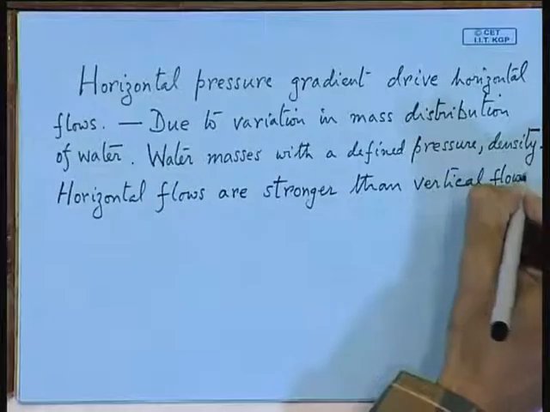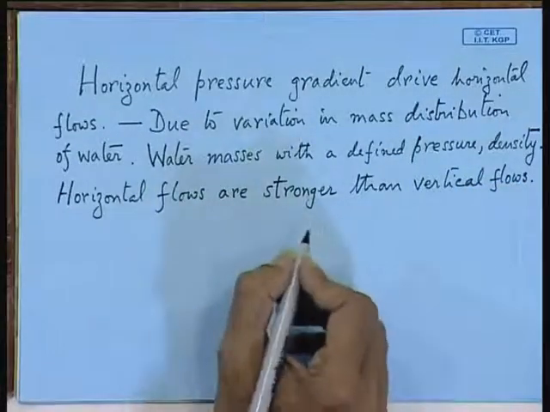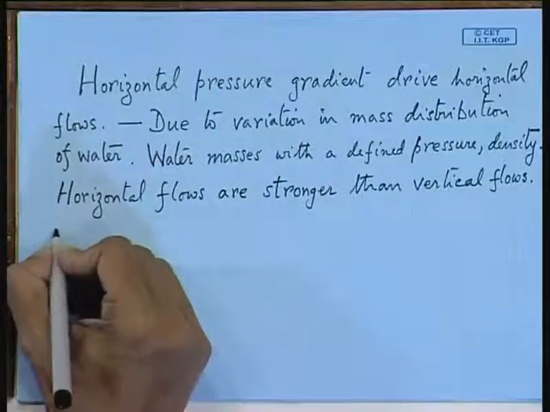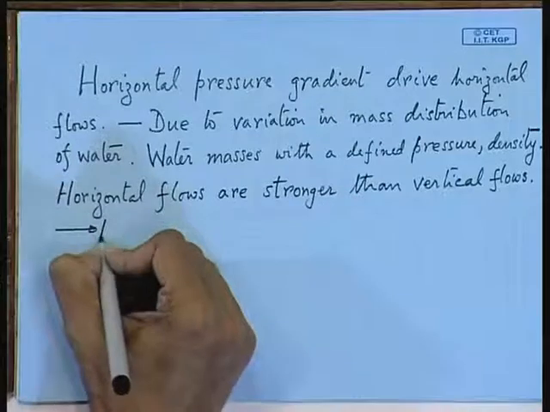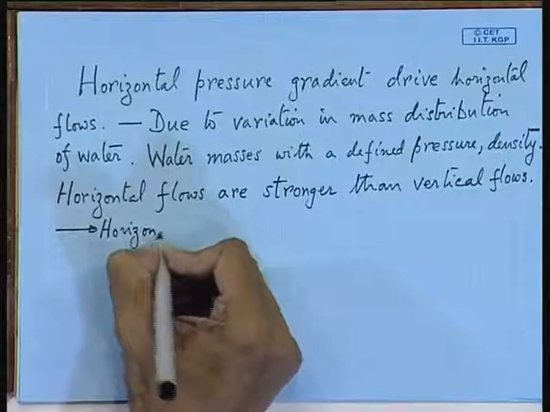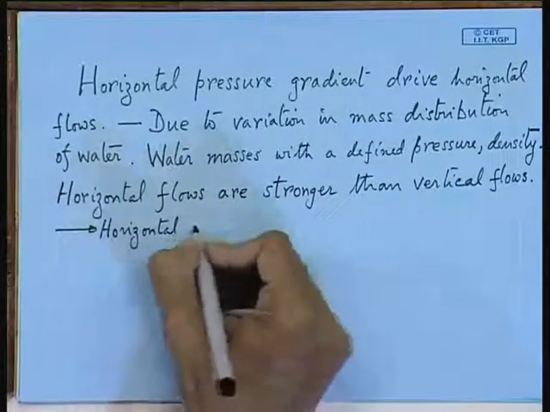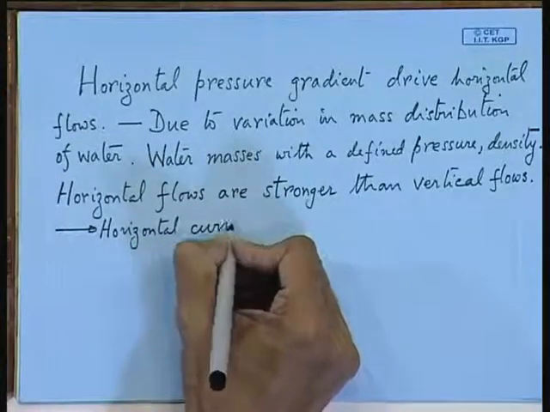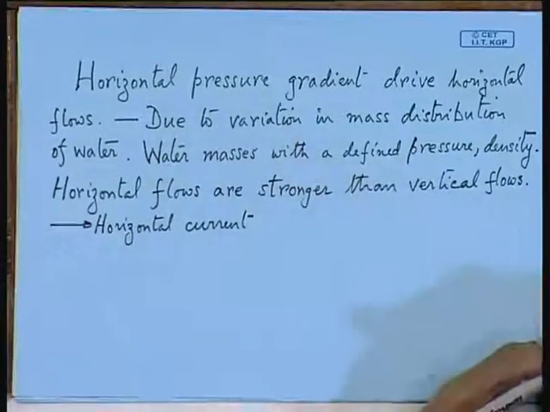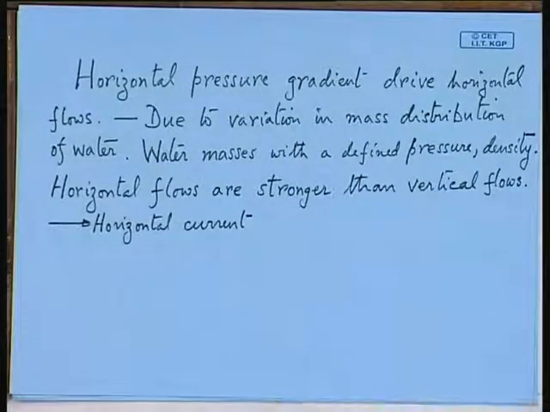So that is why in any ocean engineering calculation, whenever we say current, this is the horizontal current. So we don't consider the vertical current, or rather we are more influenced by the horizontal current. So in oceanographic studies or ocean engineering, you have to calculate how much is the strength of the current, and from this we calculate the current force.